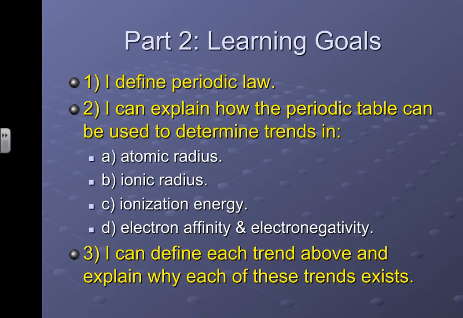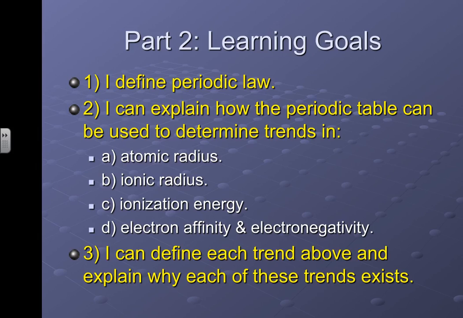And then for part two, which is really the part that we're talking about right now, we're going to define periodic law. We need to know, what does periodicity mean? Number two, you can see that there are, in the white writing, 4 different periodic trends that we're going to need to know a great deal of information about. Atomic radius, ionic radius, ionization energy, and then electron affinity, which is the more college term that they use, but it's the same thing really as electronegativity.